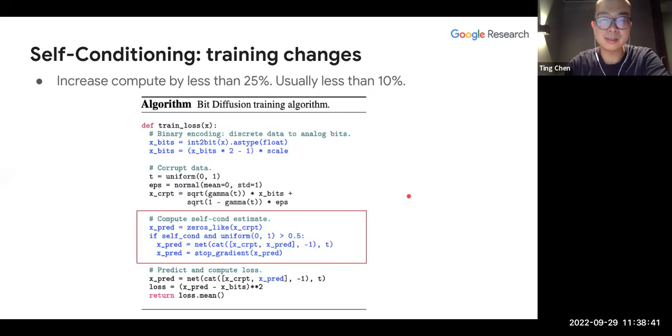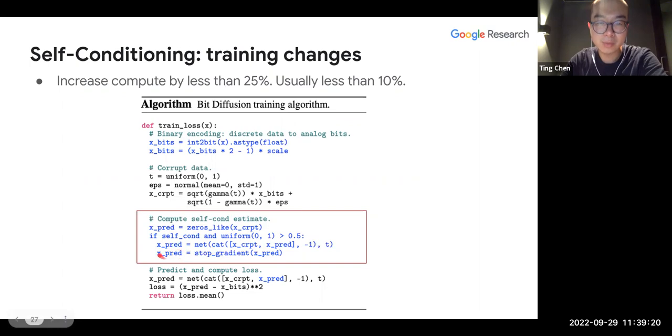This is a bit abstract maybe, so let me show the algorithm behind it. During training, what you need to add in addition to the analog bits transformation is this part. We first do one forward pass with x_predict equal to 0, and then we concatenate it with the corrupted noisy state, and make a prediction of x_predict.